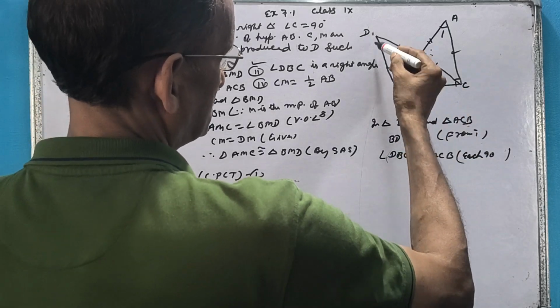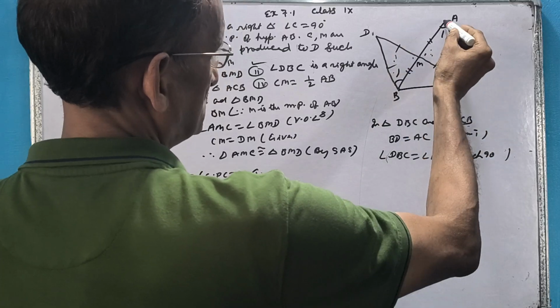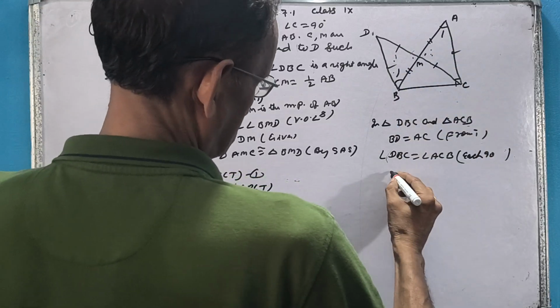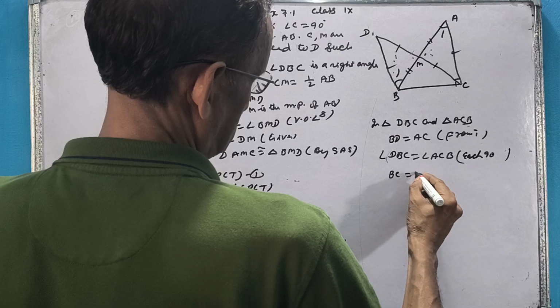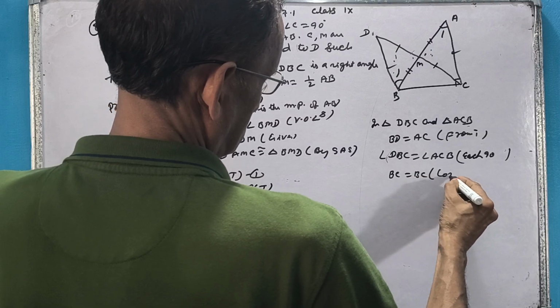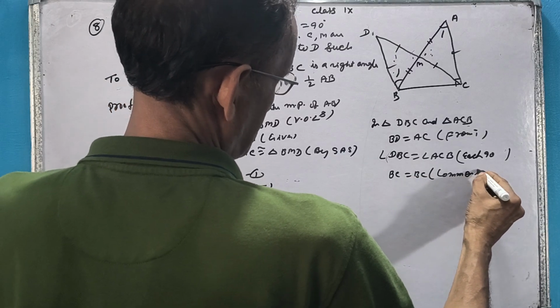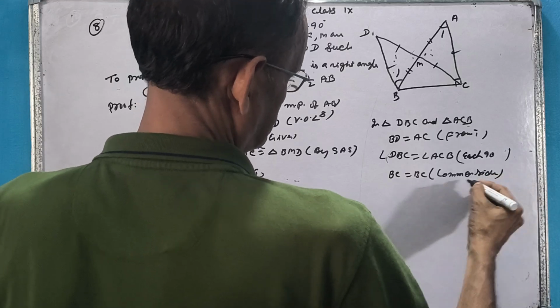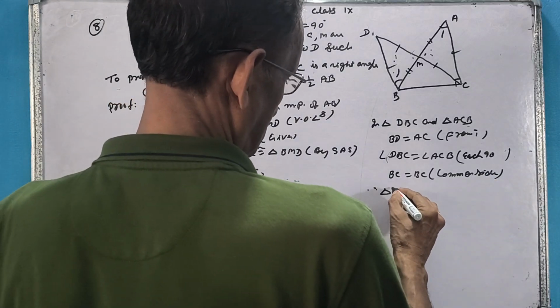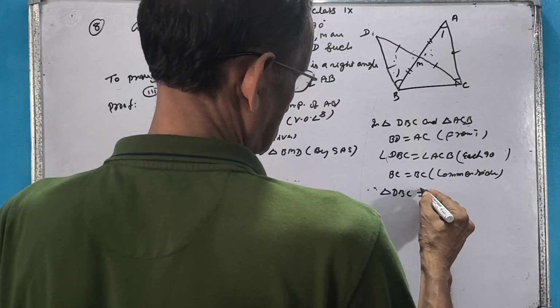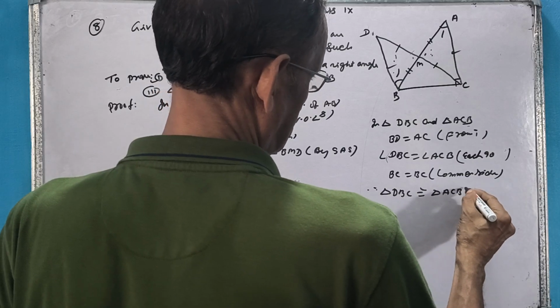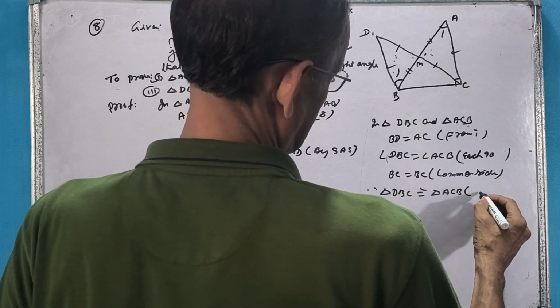So BC is the side of triangle DBC as well as triangle ACB. So this is called the common side. So BC equal to BC, common side. Therefore we have triangle DBC congruent to triangle ACB by SAS.